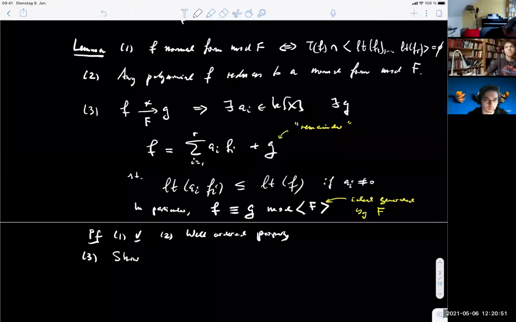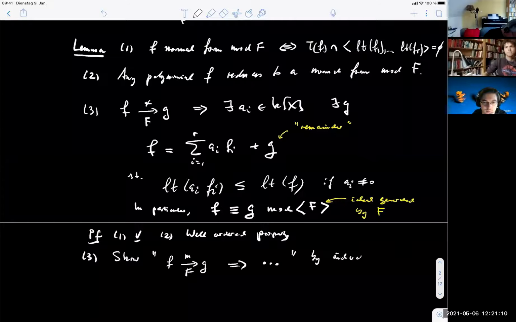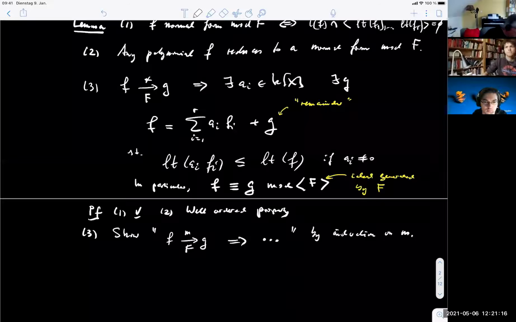Now I show, okay, if I have a reduction from F to G in m steps, then this property holds. And I show this by induction on m. For m equals 0, there's nothing to do. So let's assume m is greater than 0.